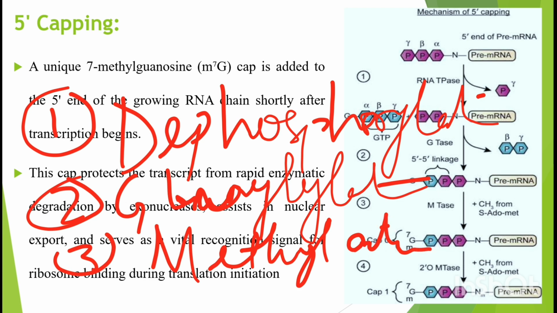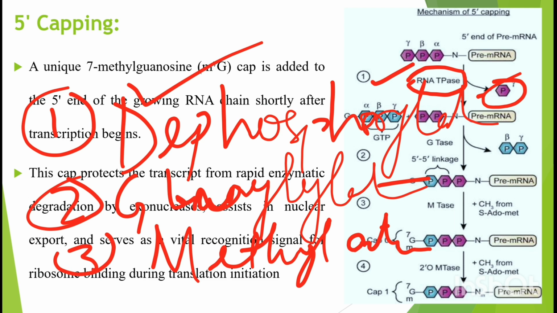At first, dephosphorylation: an RNA triphosphatase enzyme removes the gamma phosphate group from the 5' end of the new RNA strand. So after the removal of one phosphate group, two phosphate groups are attached to the 5' end, a diphosphate.